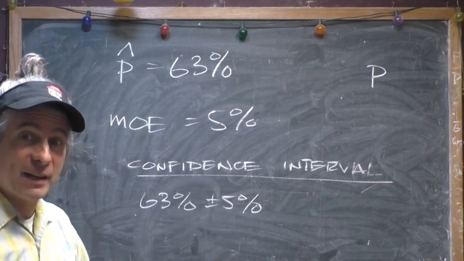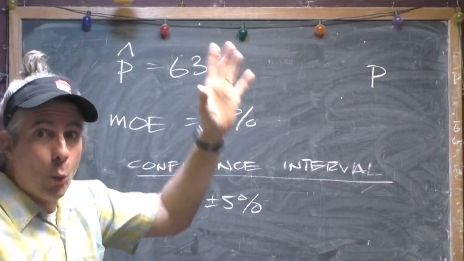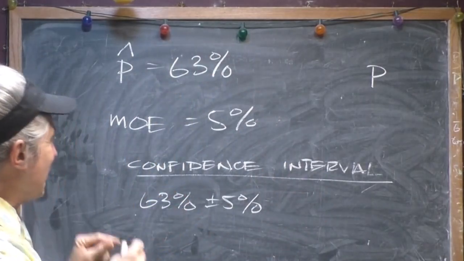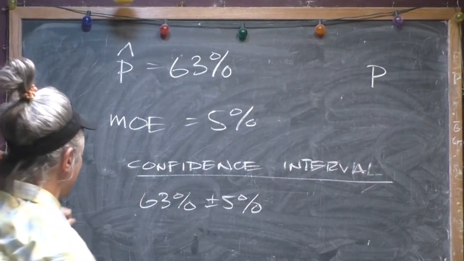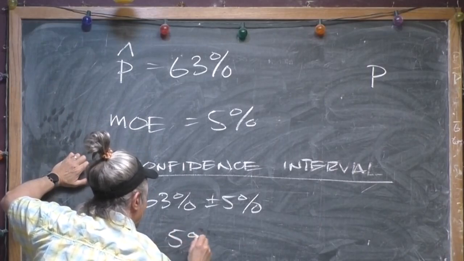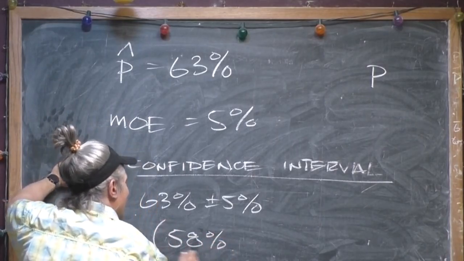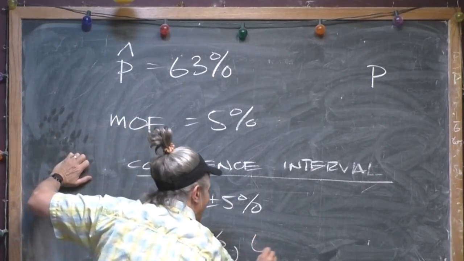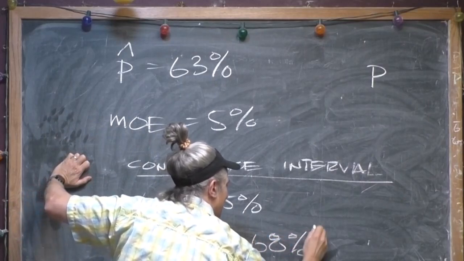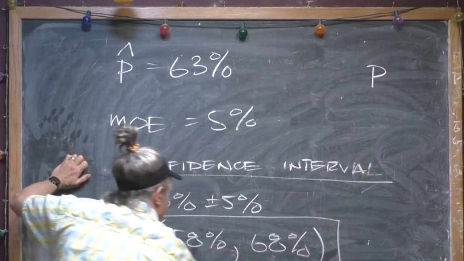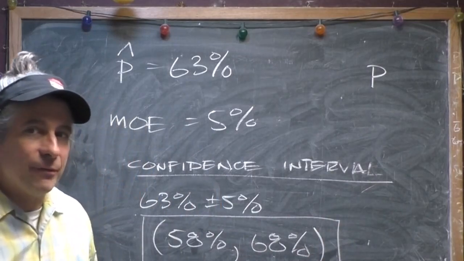Now, plus or minus 5%, one we have to add, one we have to subtract. So if I subtract the 5% from 63%, I get 58%. And if I add the 5%, I get 68%. That, my friends, is a range of values.